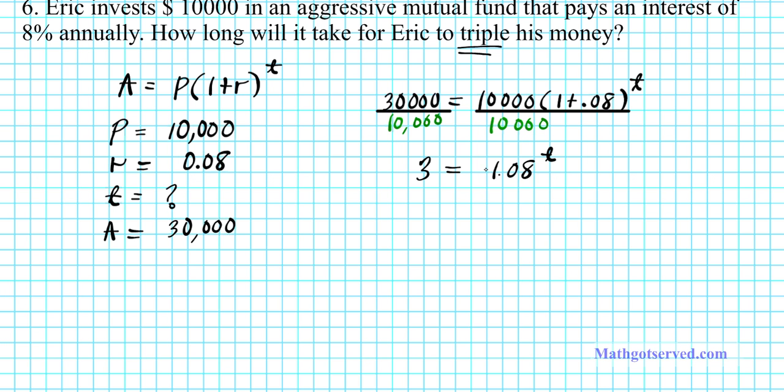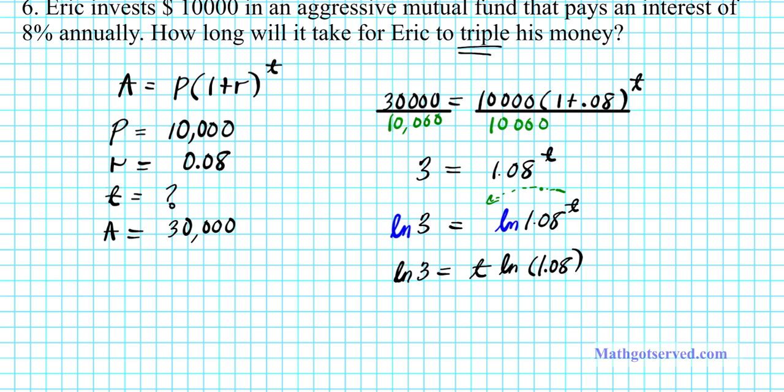Now to power down this exponent, we're going to take the natural logarithm of both sides of the equation. So the natural logarithm of 3 equals the natural logarithm of 1.08 to the t. Okay, so we power down this exponent, and we have the natural logarithm of 3 equals t times the natural logarithm of 1.08.